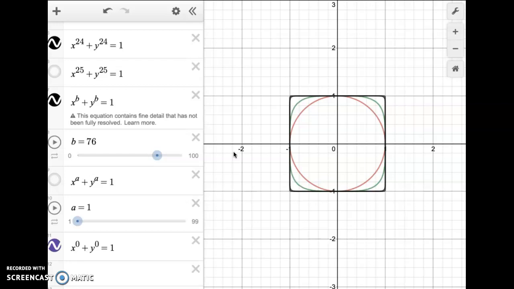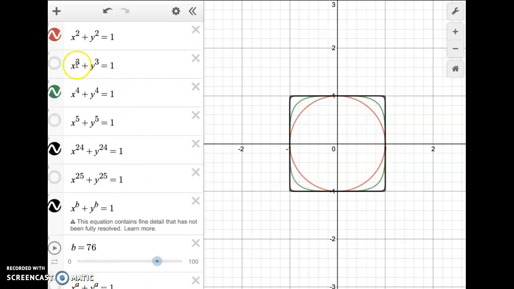So when we think about (1, 1), (-1, 1), (1, -1), and (-1, -1), we know that, again, we're never going to be able to plug those numbers in here and get 1 as our solution. So this explains why the square is never created, because those points can never be attained.